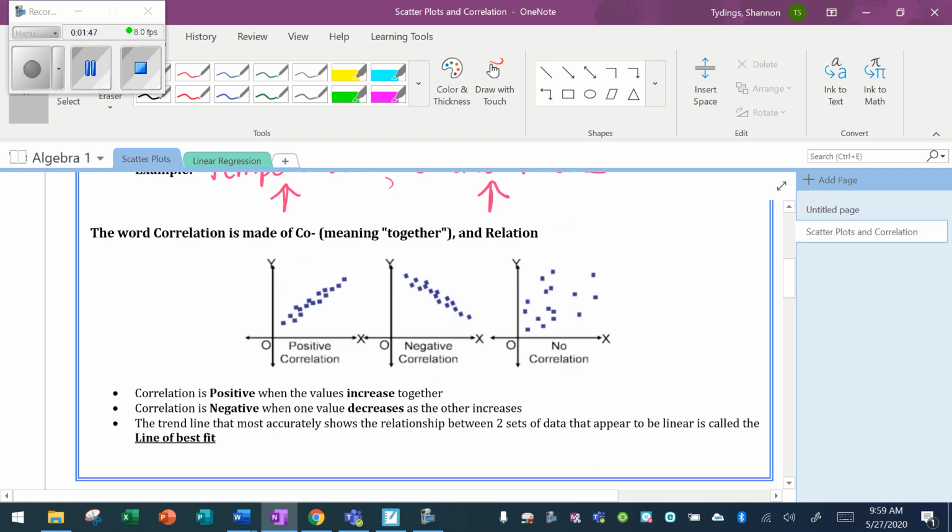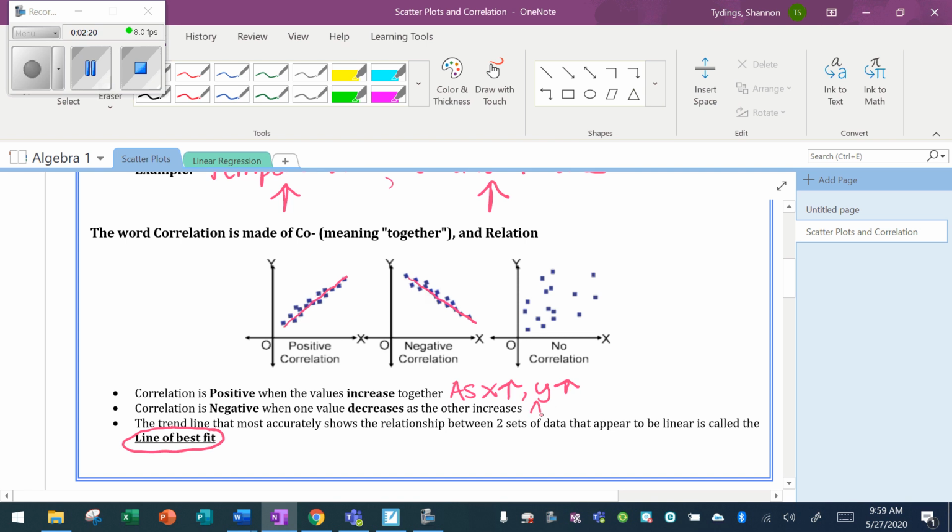There are examples of positive correlation, which is what we just talked about. This is an example of a scatter plot, and imagine we have what we call a line of best fit that accurately shows the relationship between the two sets of data. As your X values increase, your Y values increase as well. Likewise, negative correlation. Envision a line of best fit going through there.